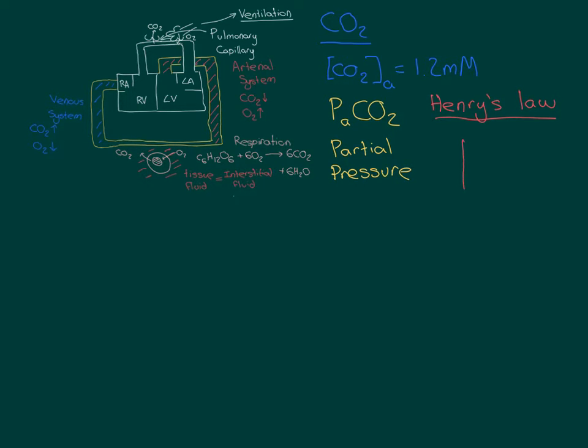So the best way to illustrate this is to imagine having a little beaker here, and this little beaker is going to contain some sort of fluid, and we can imagine that this might be water. So let's just make it very basic, and we can imagine that this is water, but of course we're interested in blood as our fluid. So here is water, and I might just colour the water in blue.